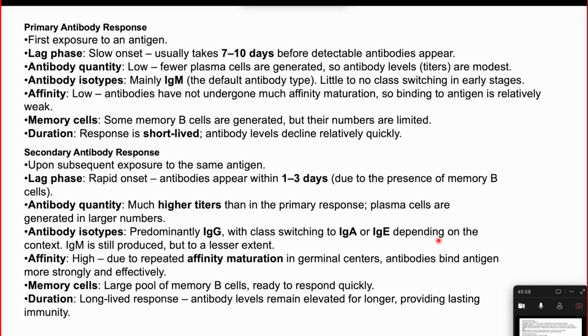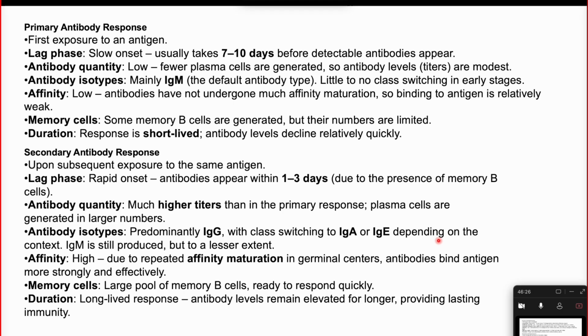Antibody isotypes: predominantly in the primary response it was IgM, but in the secondary response it is more specific, that is IgG, with class switching to IgA and IgE depending upon the antigen. IgM is still produced but to a much smaller extent. Affinity: as the antibodies are highly specific, the affinity is also high.